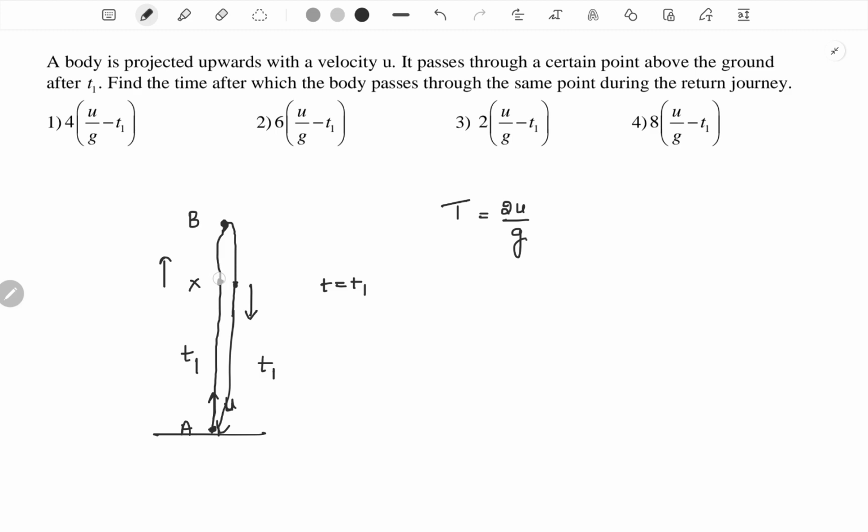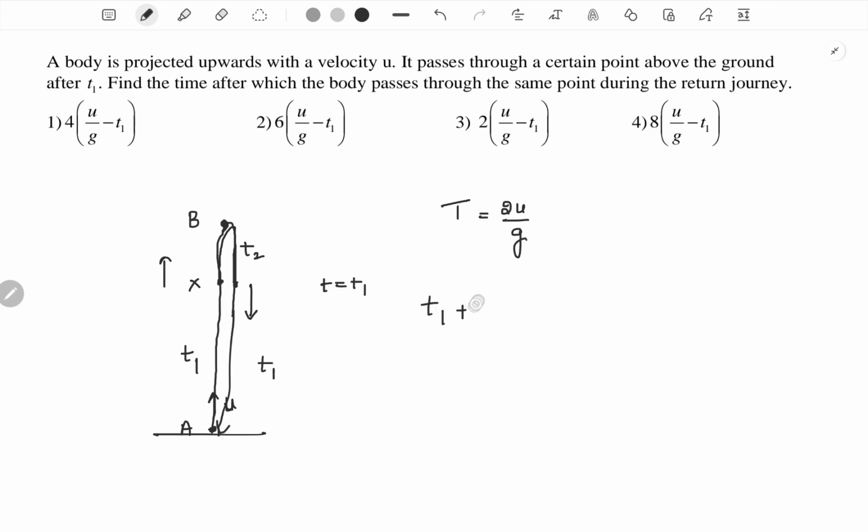So that means the time taken to go from x to top and from top to x again during its return journey. As you can see, from a to x it took t1, from x to x again let's assume it's t2, and again from x to a it is t1.